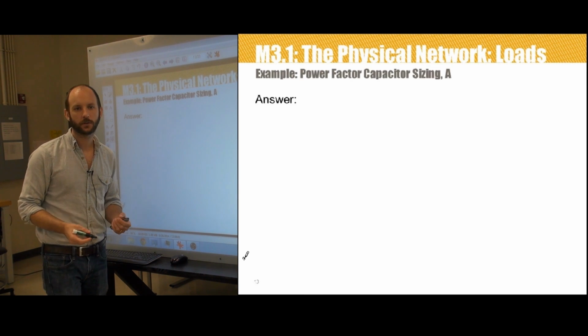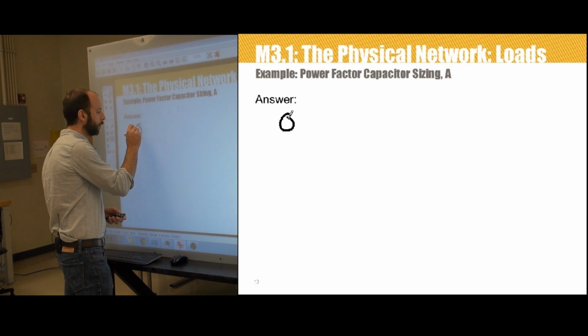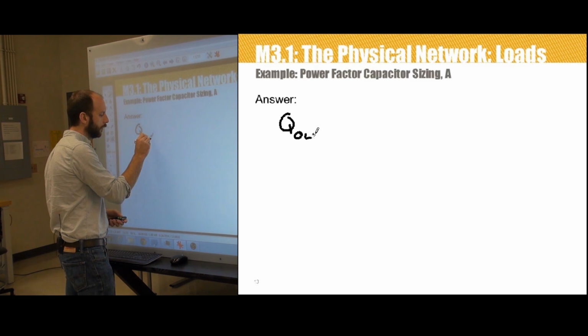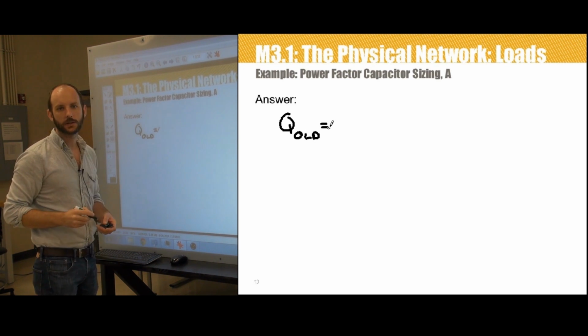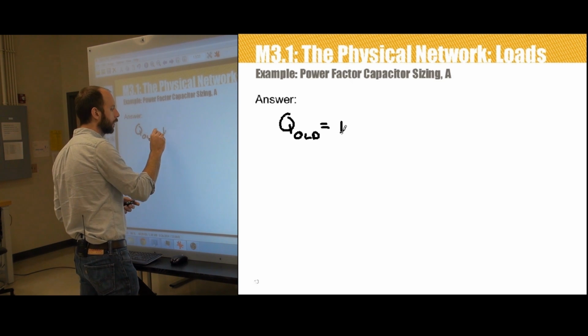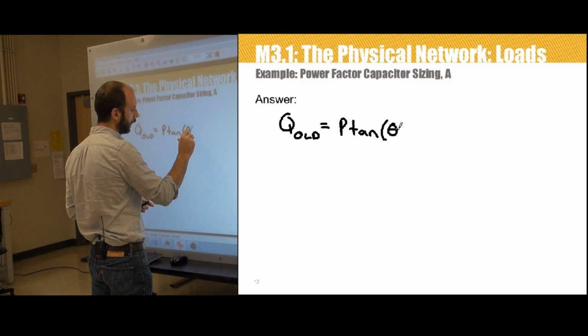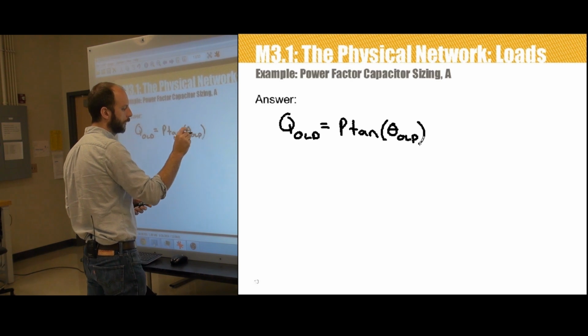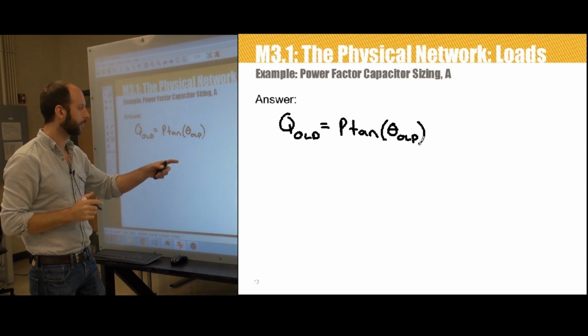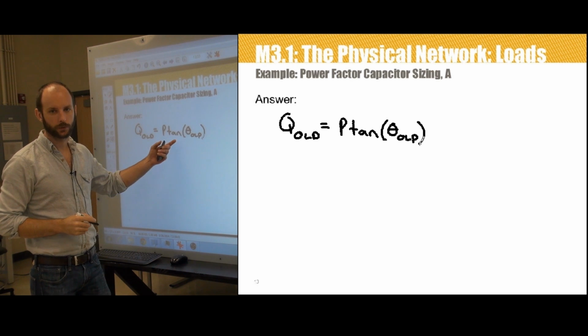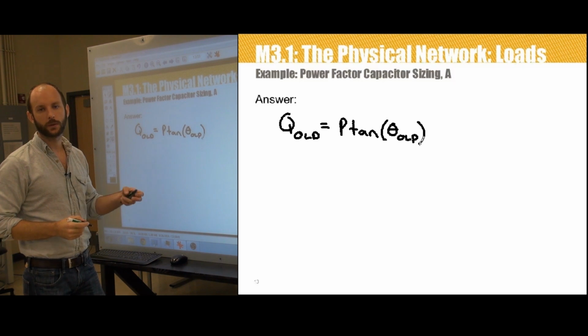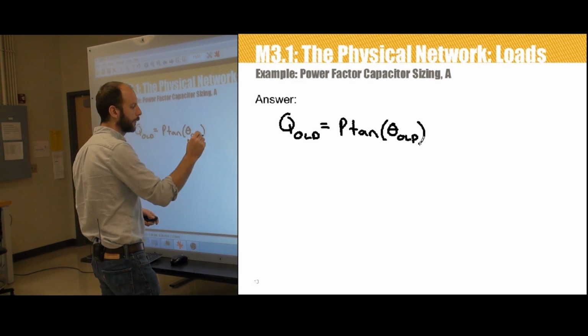For the old power factor, the reactive power Q old is going to be given to us by P tan theta old. Old just meaning before we do the power factor correction. So it was a 500 kilowatt load with 0.7 power factor.